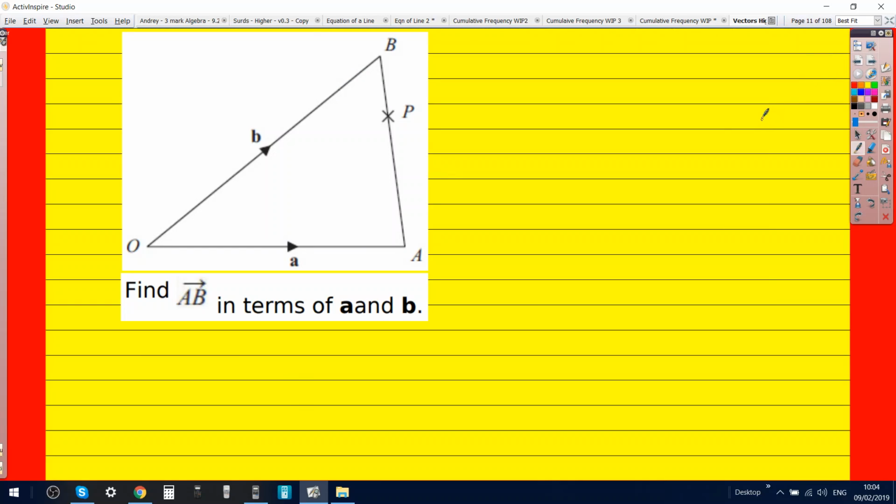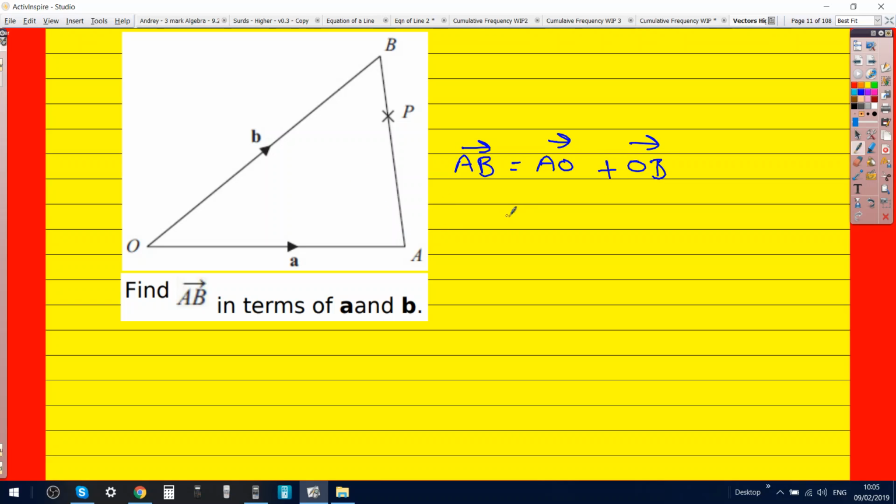Okay, exam question. What is the vector A to B in terms of A and B? Is it A plus O? So it's A to O, and then O to B. Okay.